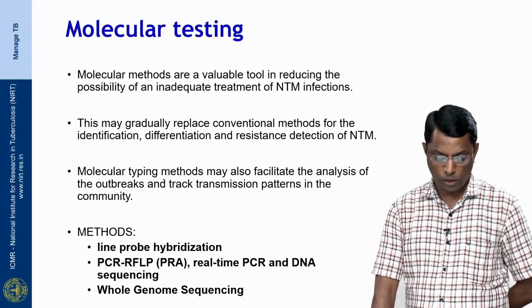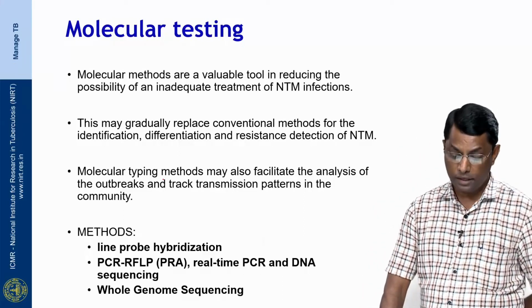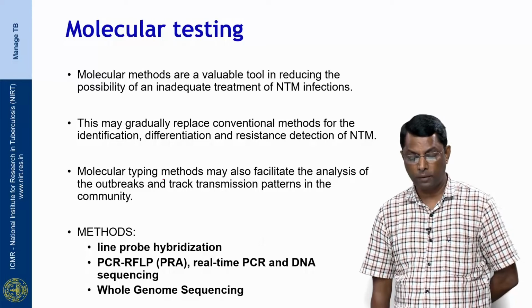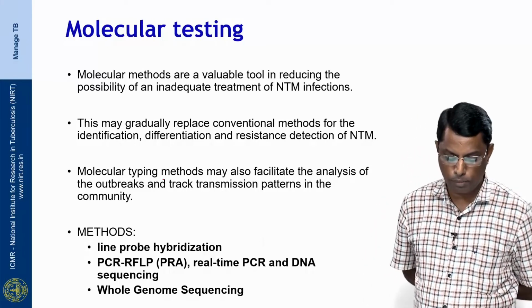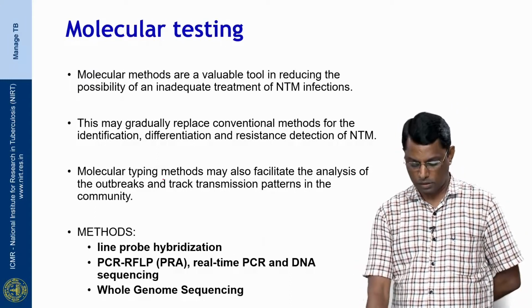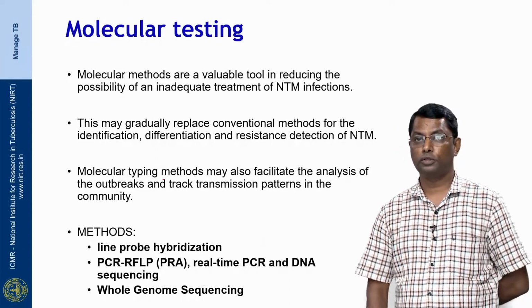Now, this not only will help in identifying the mycobacteria and drug resistance prediction, but it also facilitates the analysis of outbreaks and tracking transmission patterns in the community for non-tuberculosis mycobacteria.